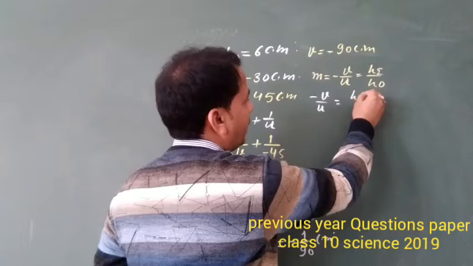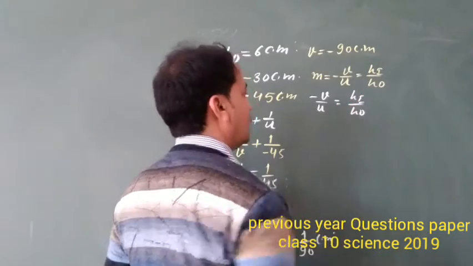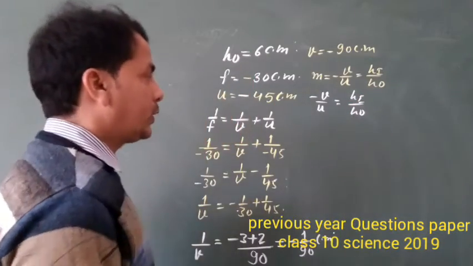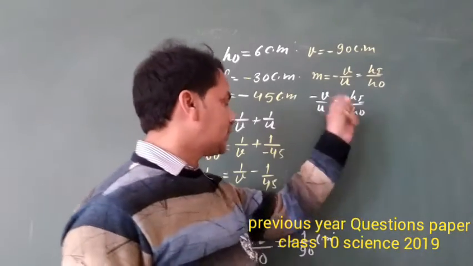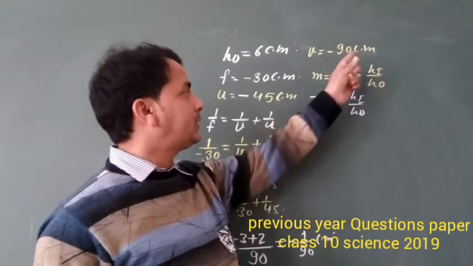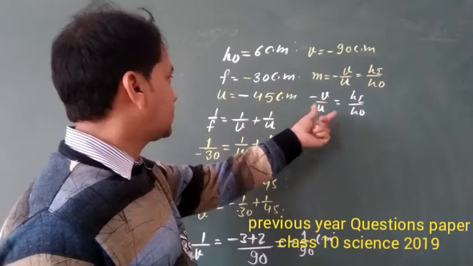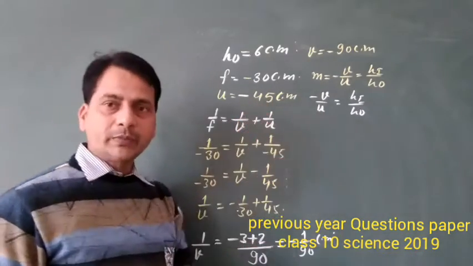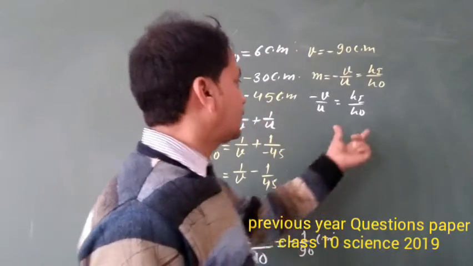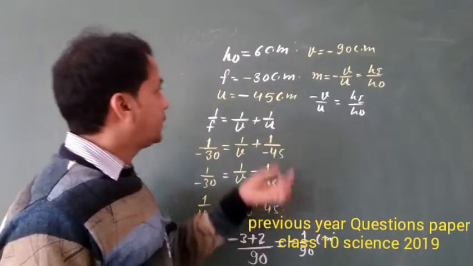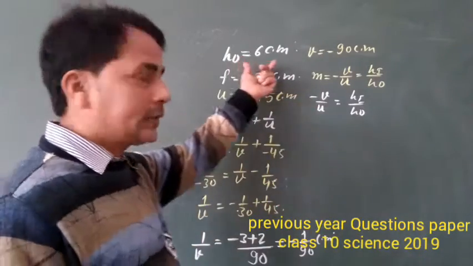So minus v by u equals height of image to height of the object. Here the image distance is minus 90 centimeter. Object distance is also given, minus 45 centimeter, and the height of the object is also given, 6 centimeter.